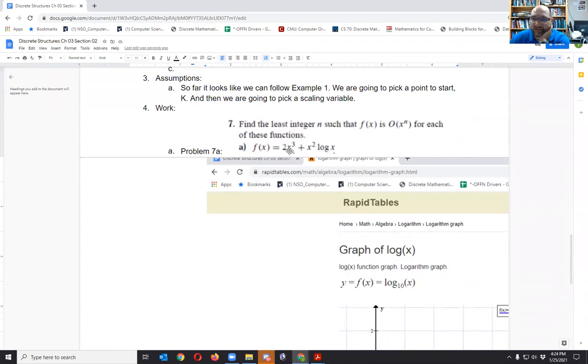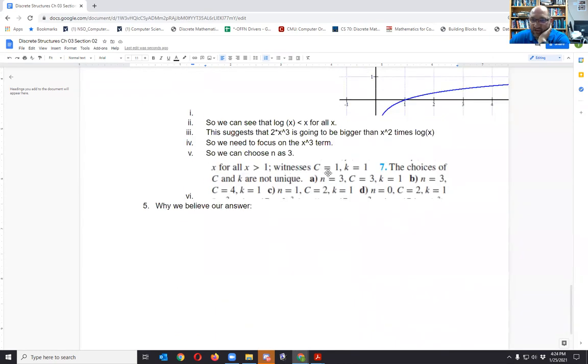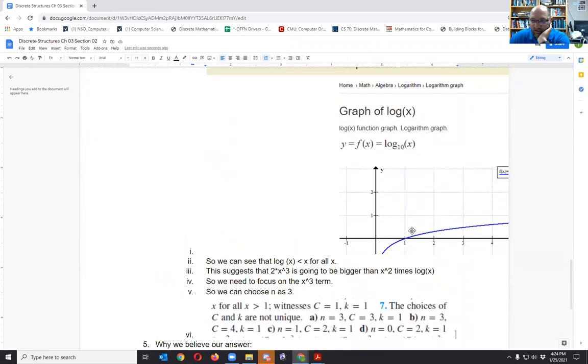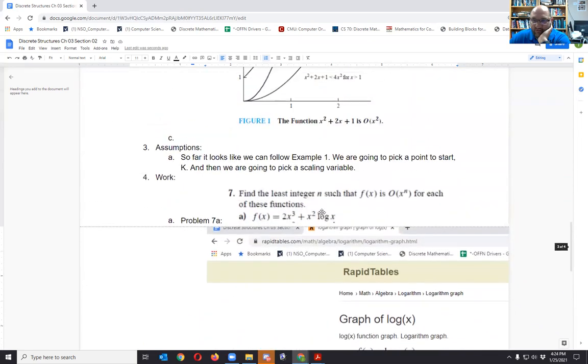Okay, when you're looking at this, if we're looking at x cubed and they're saying if you plug in a 1 for k, all right, the log of 1 is going to be 0, so this term goes to 0. 2 times 1 cubed is going to be 2.